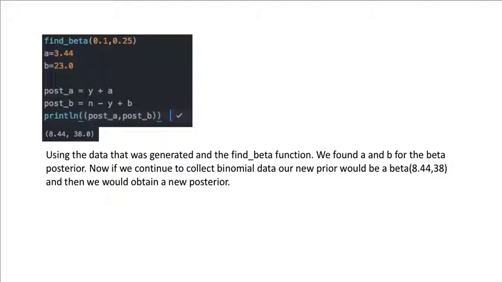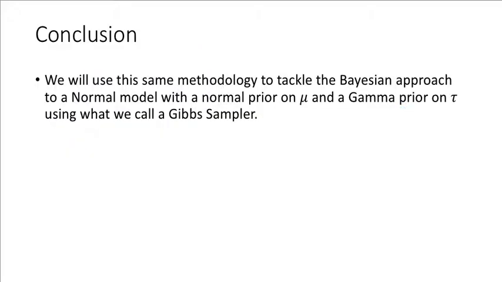So now we have a posterior beta of 8.44 and 38, and if we were going to collect more data in the future, we could set this as the prior and then update it accordingly based on our data. So that's the gist of creating a function in Julia and using a function in Julia to tackle some Bayesian methods.